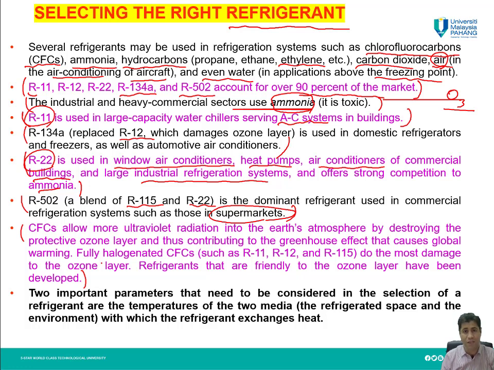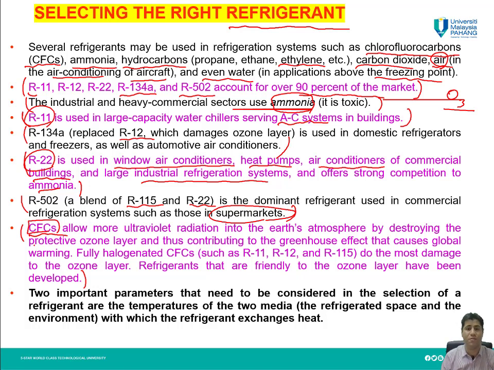So based on the application, we need to select the refrigerant, which I have already introduced you here. We have different types of refrigerant, and they are classified based on the application purpose. And as I told you, CFCs are not actually appropriate gases. They can serve our purpose, actually.